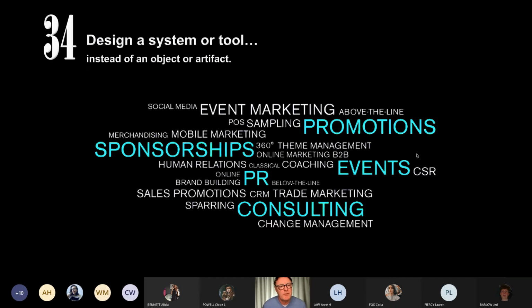Yeah, tip number 34. Design a system or a tool instead of an object or an artifact. What that means is that perhaps your solution, and this is often the case, say, when you're doing a 3-part campaign like your posters, you want to be able to come up with a system that can apply to all 3 posters.